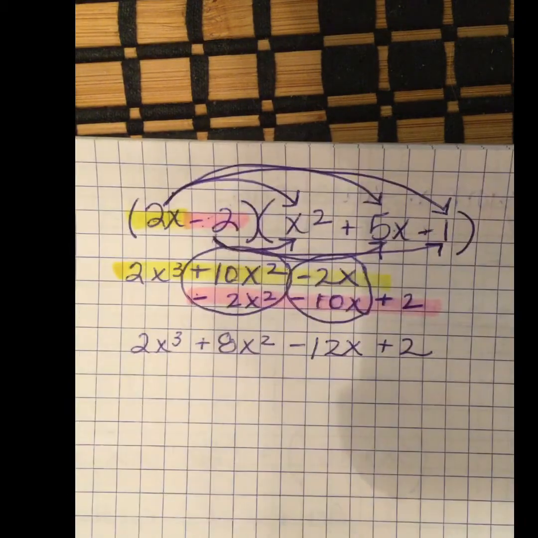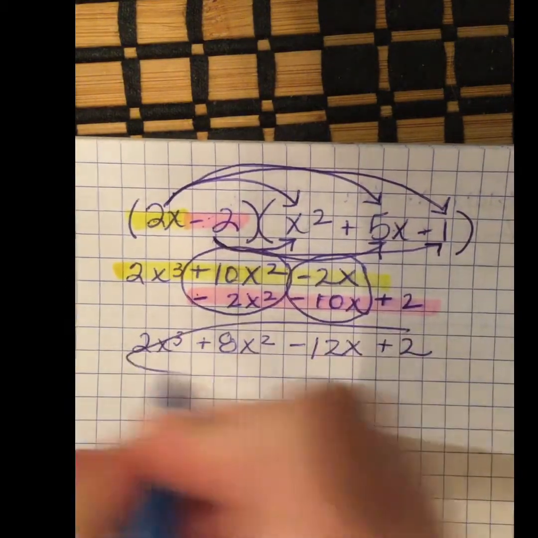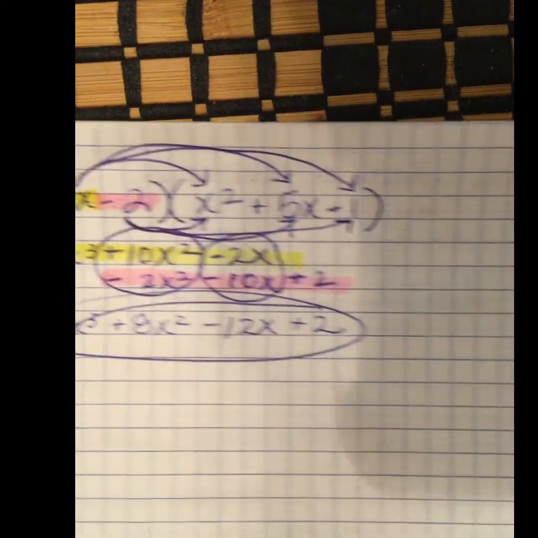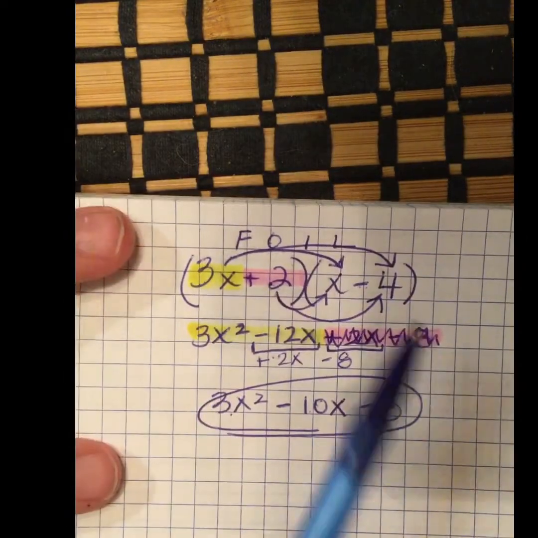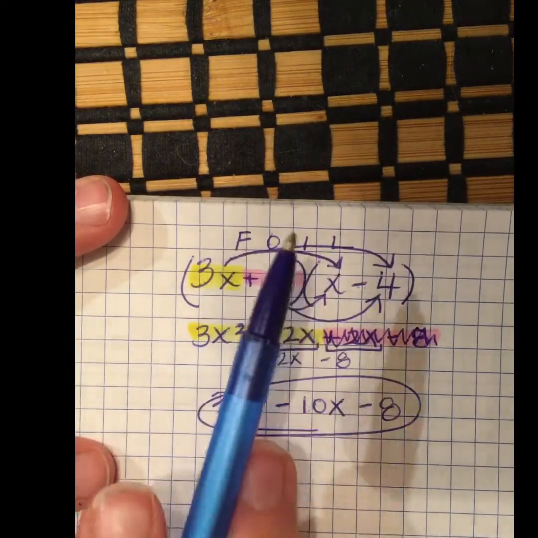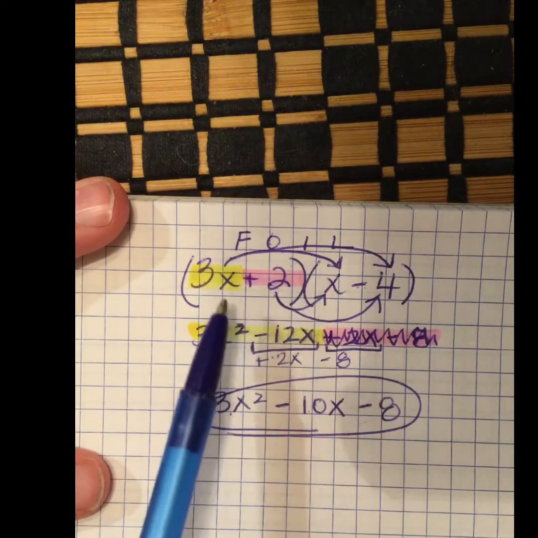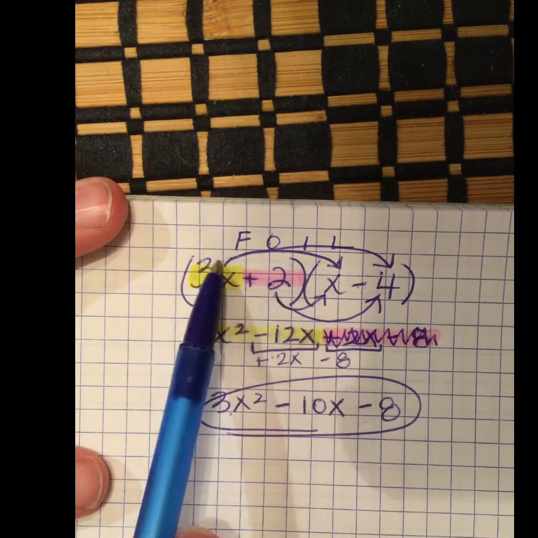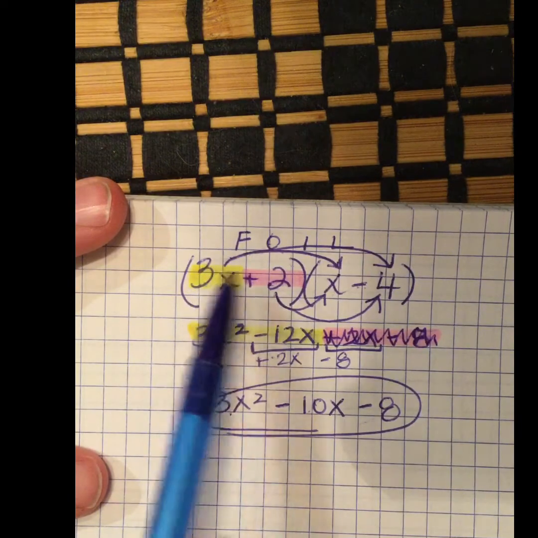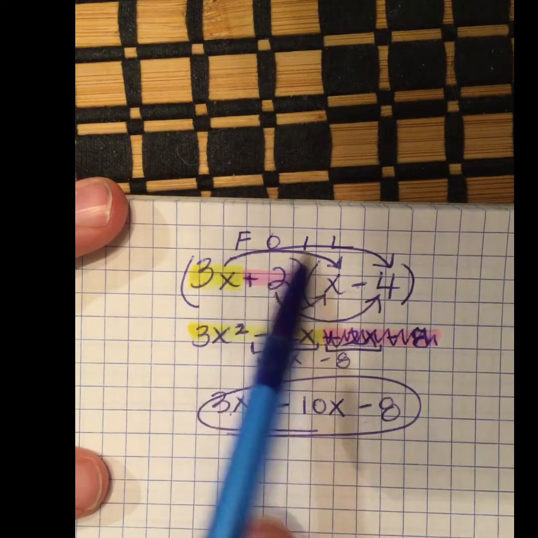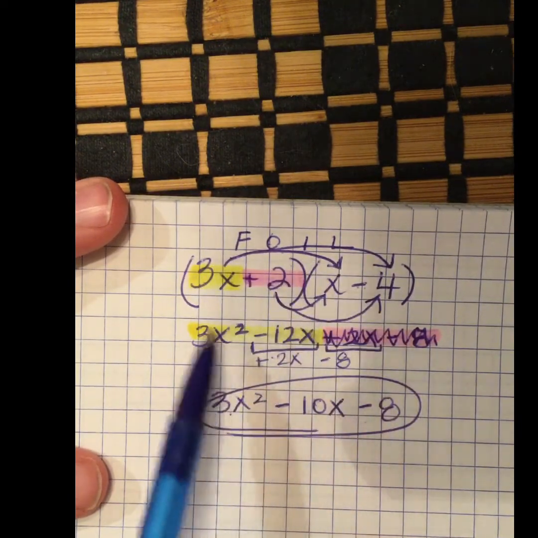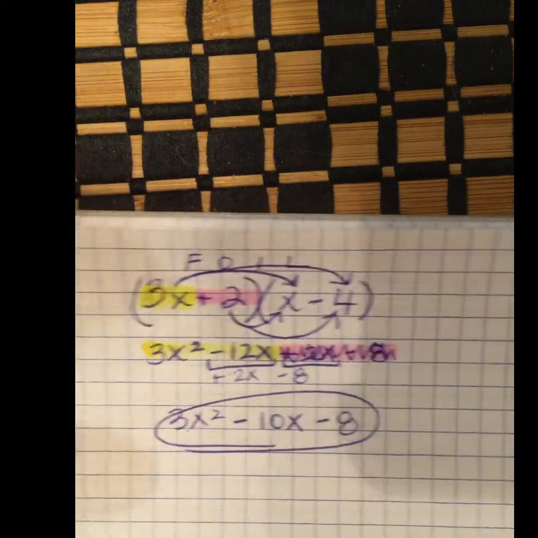You can always stack them and offset them and it will work, okay? But what I'm hoping you understand now is that FOIL is really, really great, but it is limiting. And really all you're doing when you multiply expressions is you're going through one at a time and distributing each one separately and then combining at the end, okay?